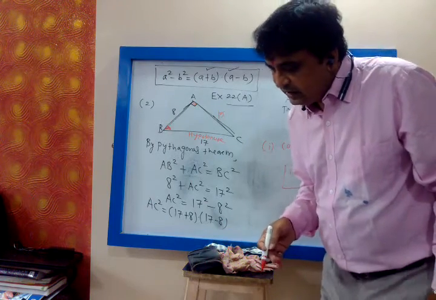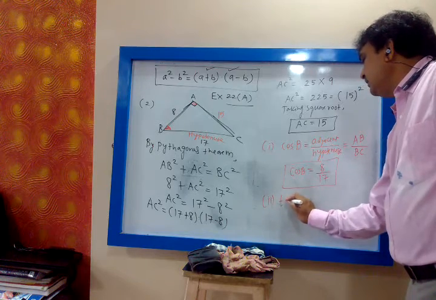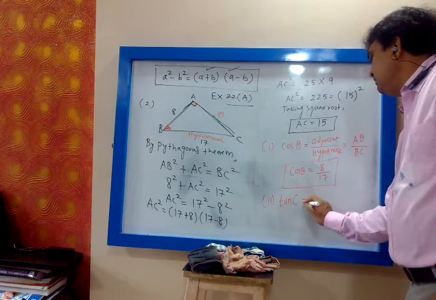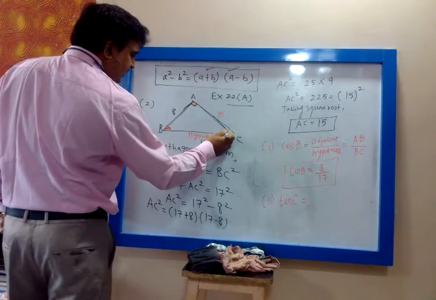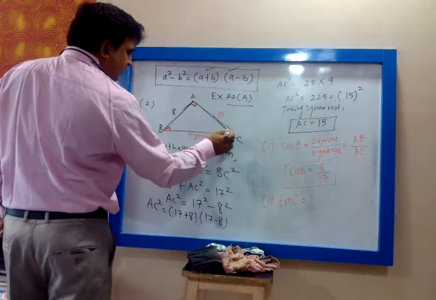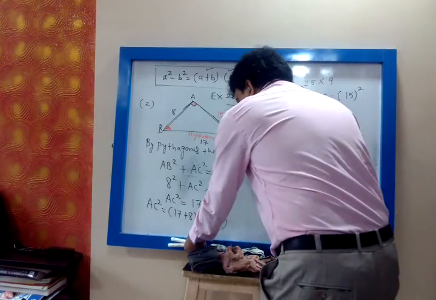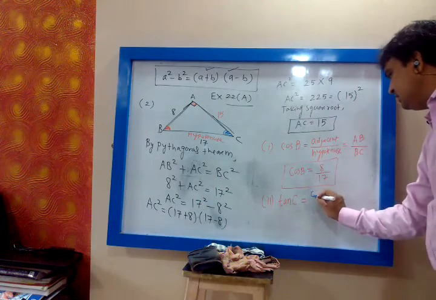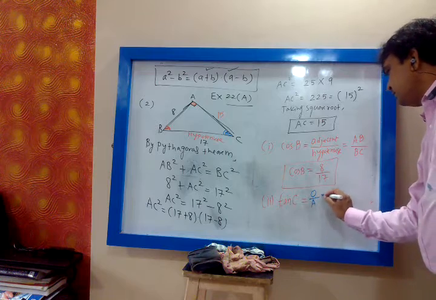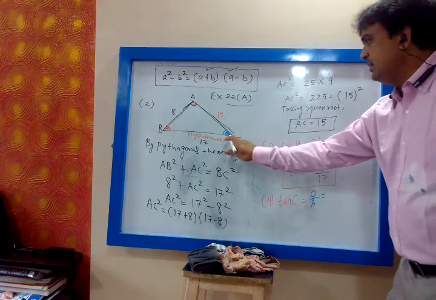Then next is tan C. Second, tan C. So now my C is my reference angle. And what is the formula for tan? Opposite upon adjacent. So what is the opposite? Opposite is AB, because C is my reference angle, my dear.